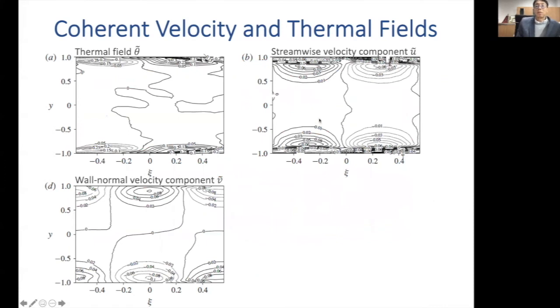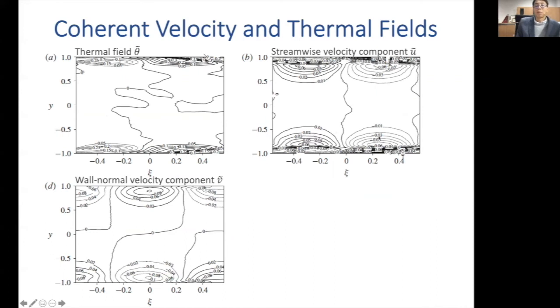Similarly, if you plot the streamwise velocity component, this one is quite different from the temperature field. As I mentioned, the governing equations of the temperature and the velocity field are similar, but we can clearly see that their responses are quite different, especially slightly away from the wall.